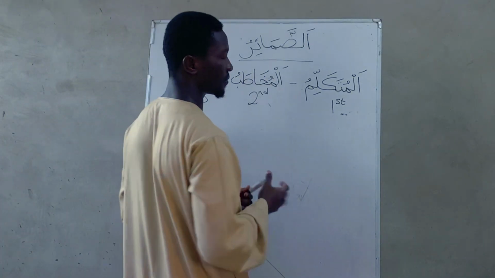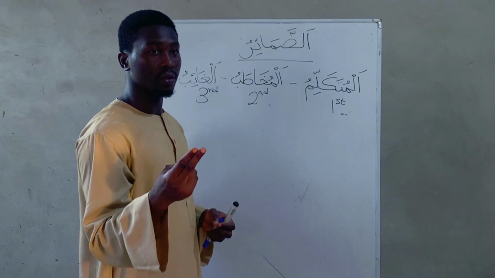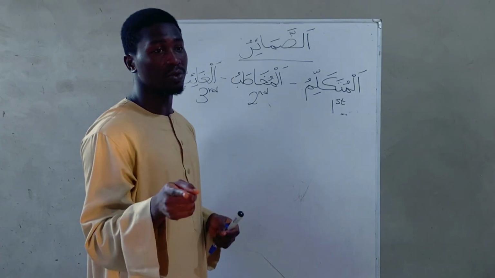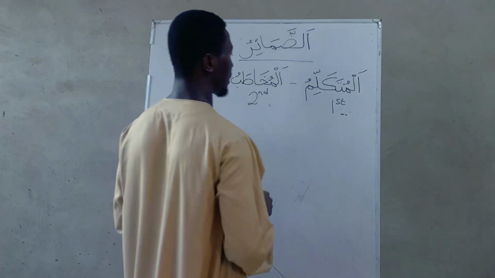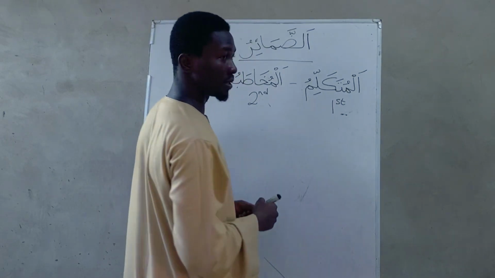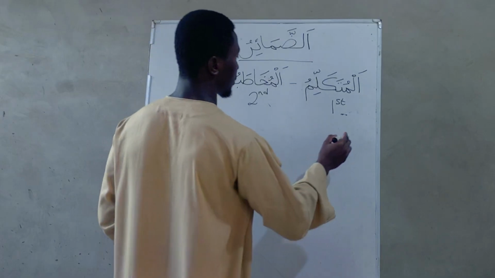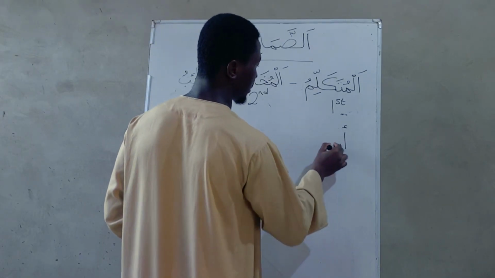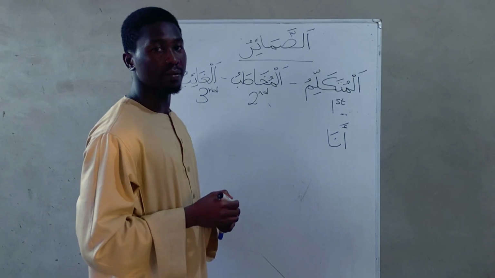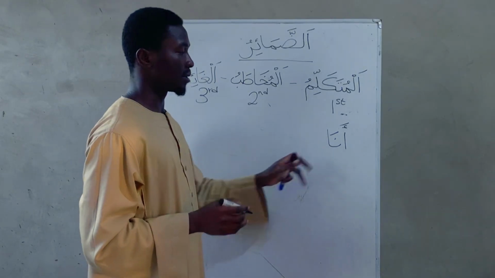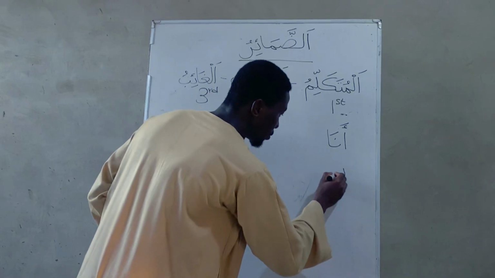Now we are going to label right beneath. As we stated earlier, we have singular and plural, but don't forget, in Arabic we also have dual, which is two. For the first person, the speaker, in English we have I. In Arabic we simply say ana, that's I. And then we have nahnu.